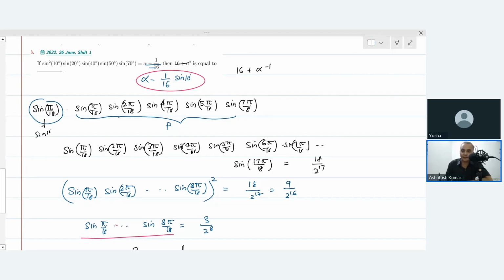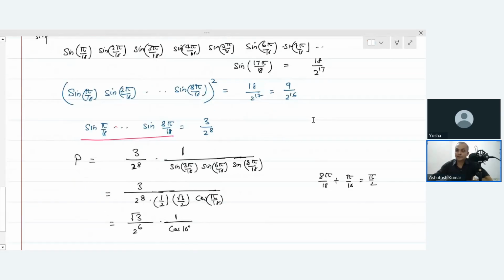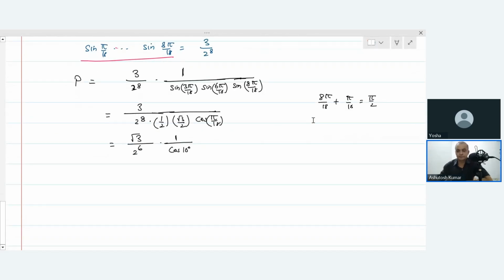I have taken only this part as P. So I'm writing now sine 10 into this part. So sine 10 degree into P is nothing but root 3 by 64 sine 10 degree by cos 10 degrees. Correct or not? Yes. This is tan 10 degrees you can write.